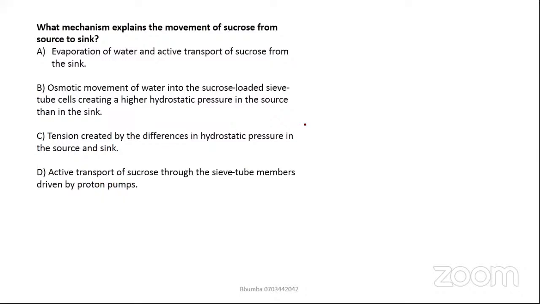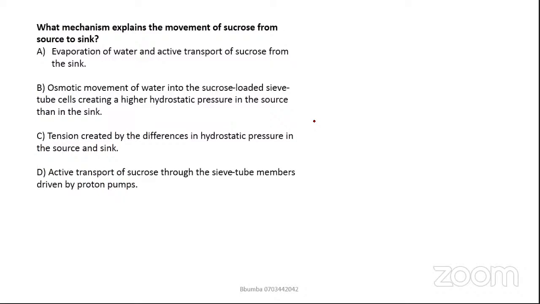So what about the rest? What do you think? If you can answer some of these very well, you find that the process just becomes clear. You will never fail to interpret anything to do with Munch's hypothesis.